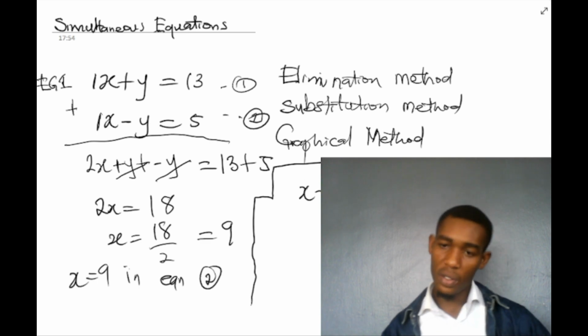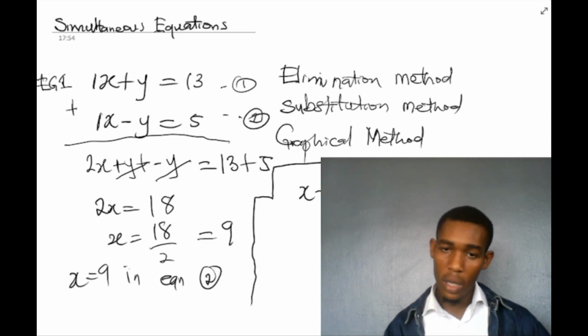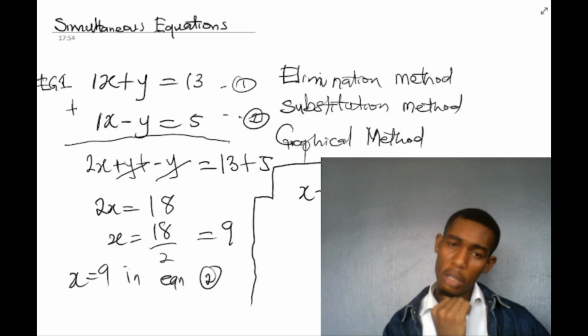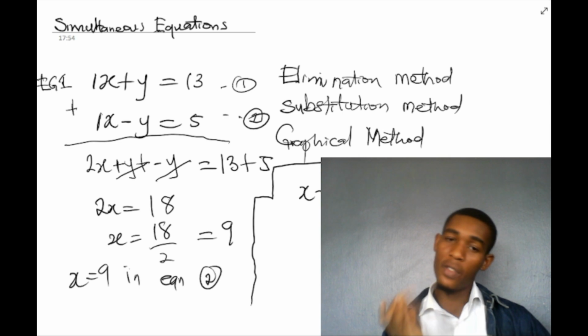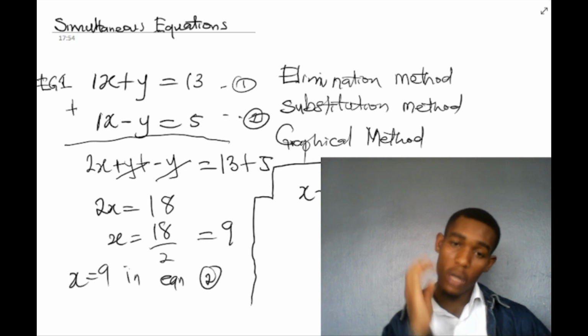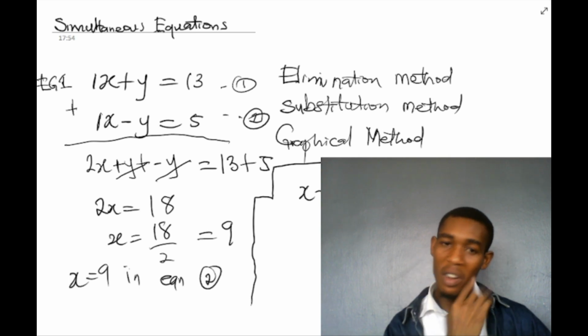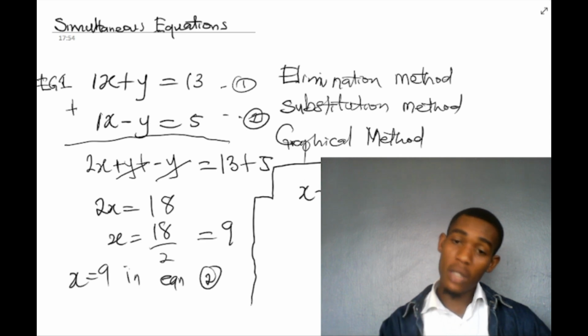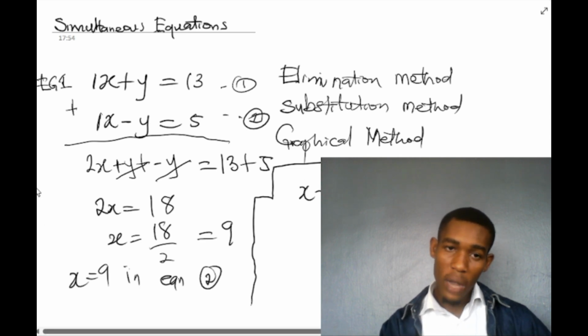So y is equal to 4 in this case. This is just one approach. When all of the coefficients of the variables are just 1, it gives us a lot of options.